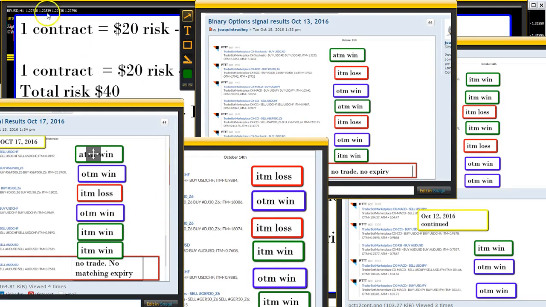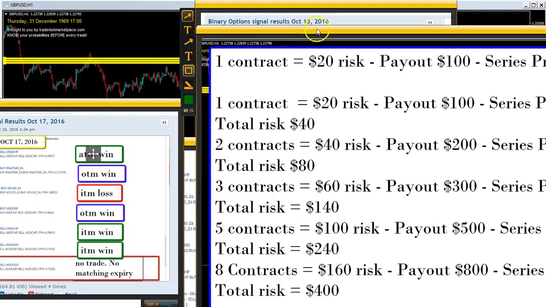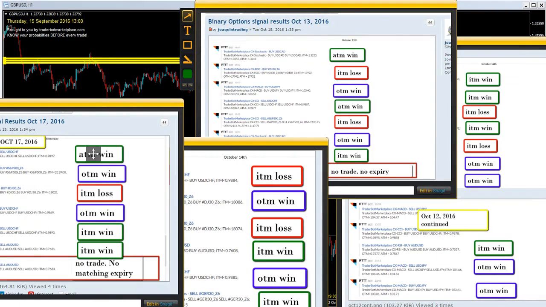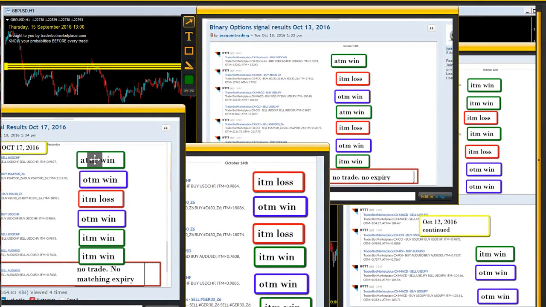What you want to do is you want to hang on. Let me move this. Okay. You're looking for a series of 3 or so trades that haven't won in a row.